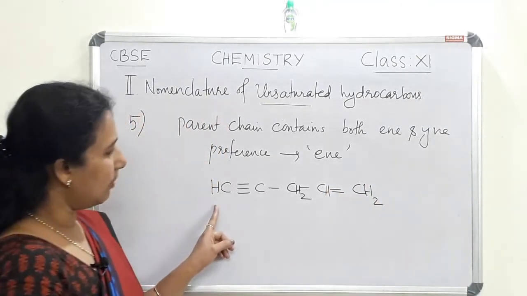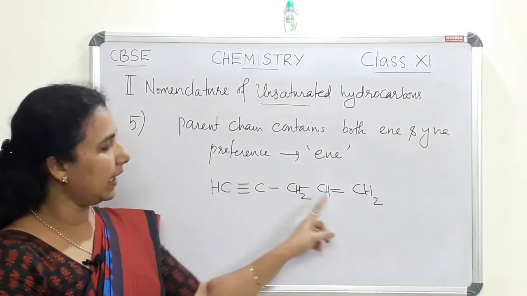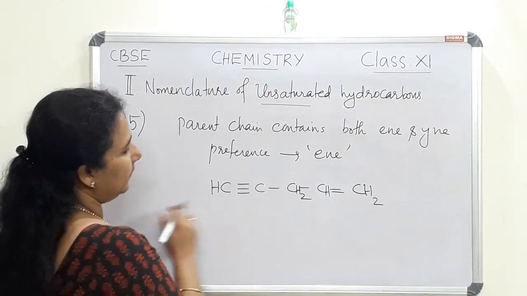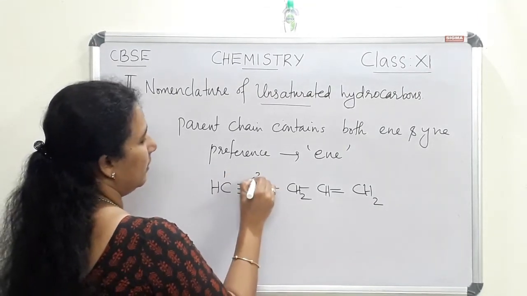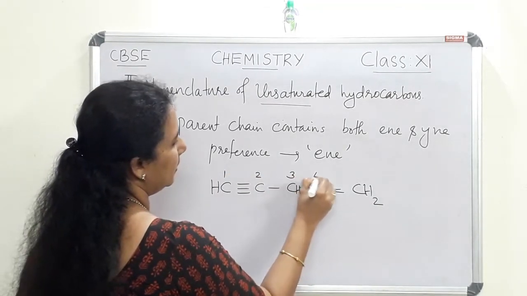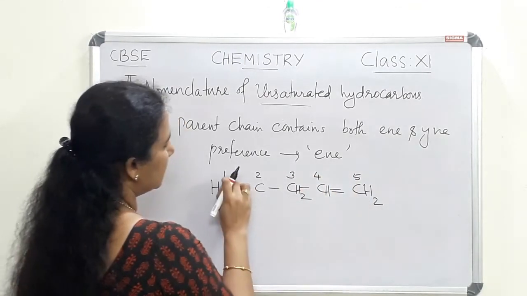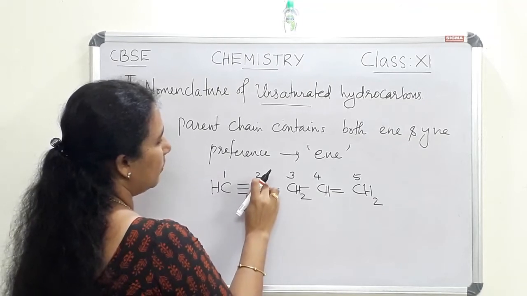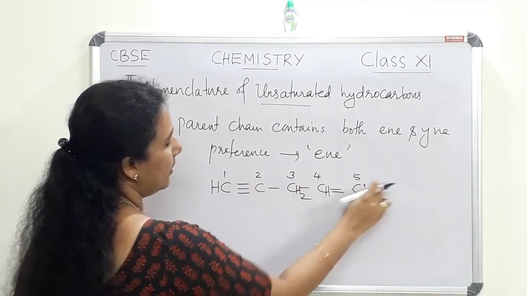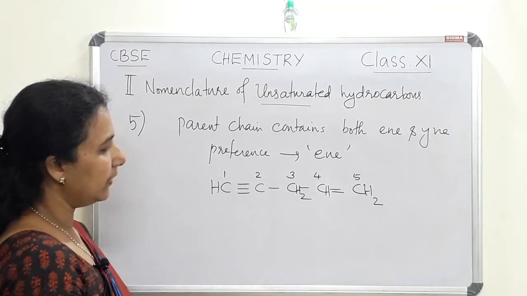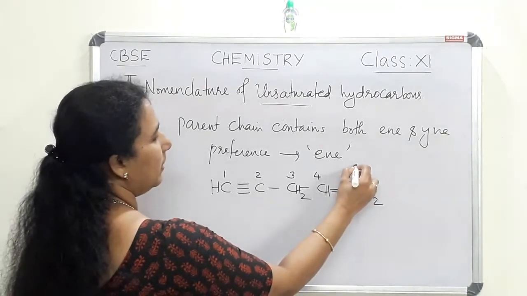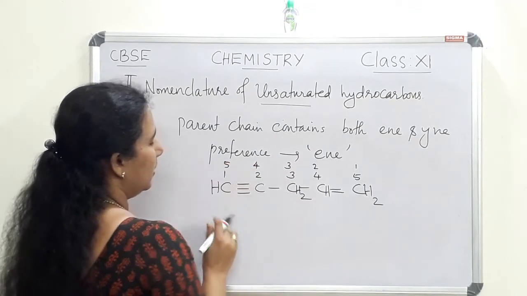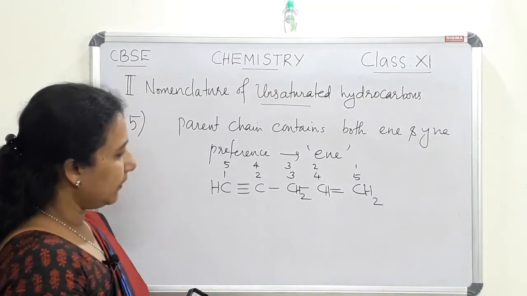If this is the compound, it contains a triple bond and a double bond. So we have to apply this rule. Before that, we have to number this compound. Let us find the parent chain. If we are numbering from left to right, it is 1, 2, 3, 4 and 5. So the parent chain contains 5 carbon atoms. If it is from right to left, that is also another possibility, and that also contains 5 carbon atoms.